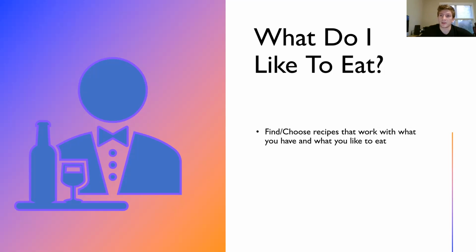But if they don't like spicy foods, don't choose something spicy. It's just really knowing what you like to eat and what your needs are, if you have any dietary needs, like if you're gluten intolerant, lactose intolerant, or if you're vegan, vegetarian, and just choose what works for you.